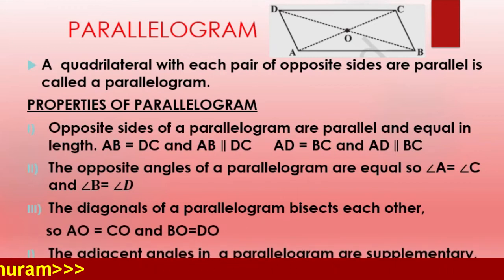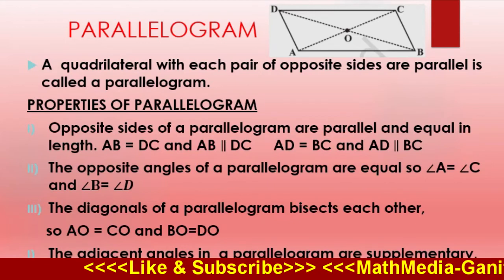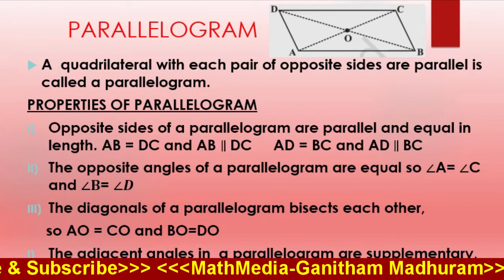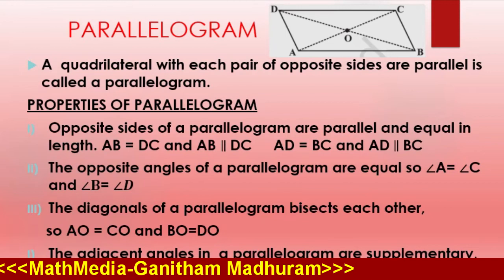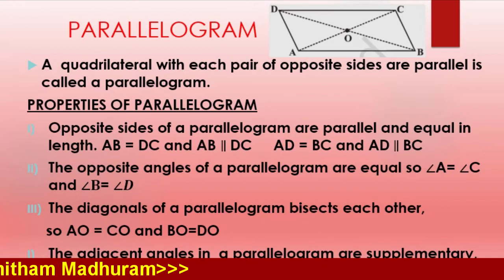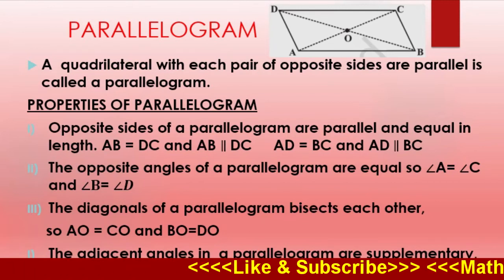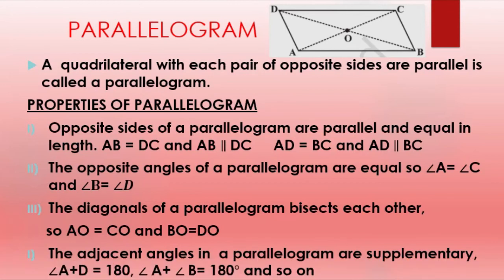And the fourth property, the adjacent angles in a parallelogram are supplementary. Adjacent angles in a parallelogram are supplementary means they add up to 180 degrees. That is, A and D are adjacent angles.